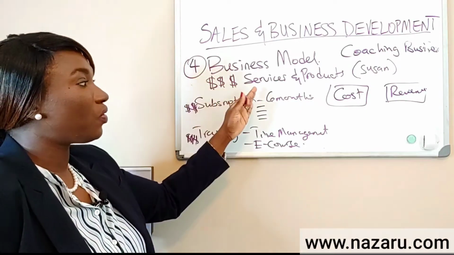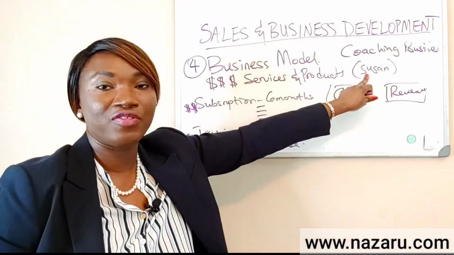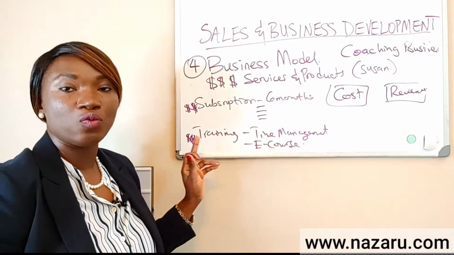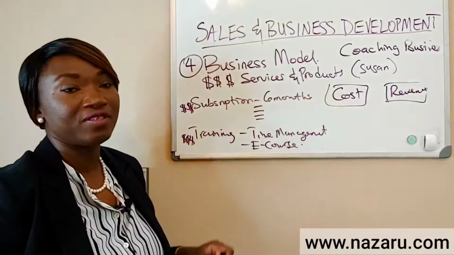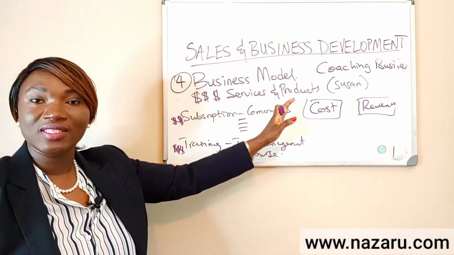That is why it is important to map out your business model to understand how you're going to serve your customers, how you're going to get paid, and what it is going to cost you to deliver those products and services to your potential customer. So do we understand that?